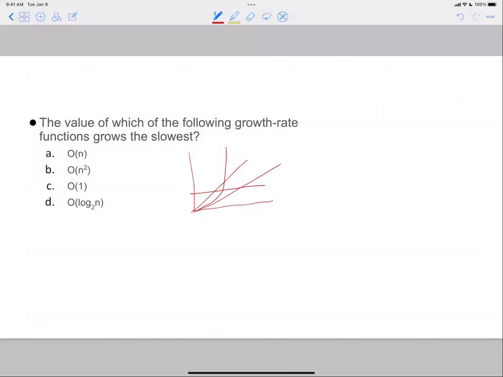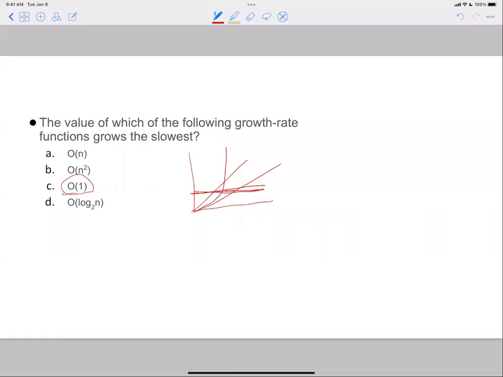So in that case, which one is the slowest one? The answer is big O(1) because it does not move, it's steady, it does not change. Some students say, well, it does not change, so how can we measure the speed, or how can we tell it is the slowest one?